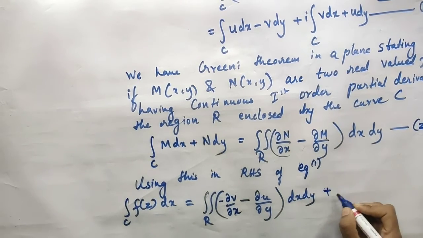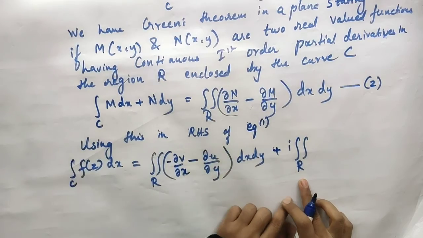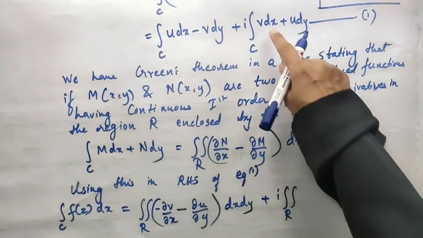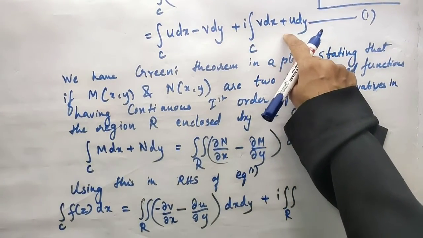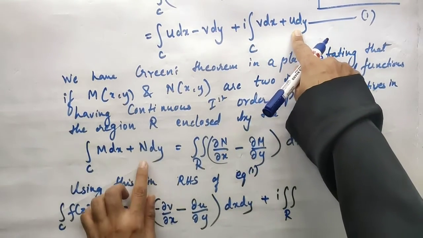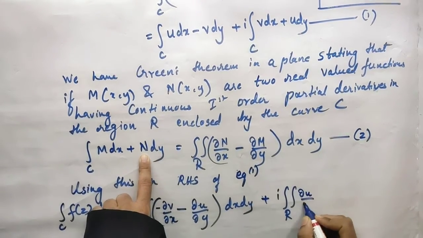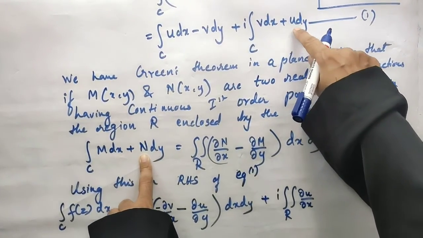Plus i, double integration over the region R again. Now let us apply the same Green's theorem for the second part of this equation. The second part says it is v dx plus u dy. In place of n, you have got u.